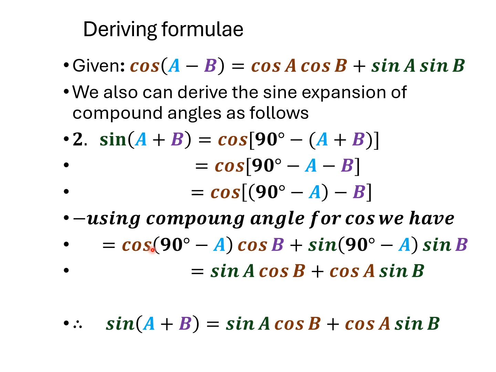In the first quadrant, everything is positive, so that becomes sin A. Cos B simply stays cos B. Sin(90 minus A), first quadrant, everything is positive, but sine changes to cos. That becomes cos A sin B. So therefore we can conclude that sin(A plus B) equals sin A cos B plus cos A sin B. So whenever it's sine, it will be sine cos, cos sine. Right? The last one, let's go to the last one to derive.